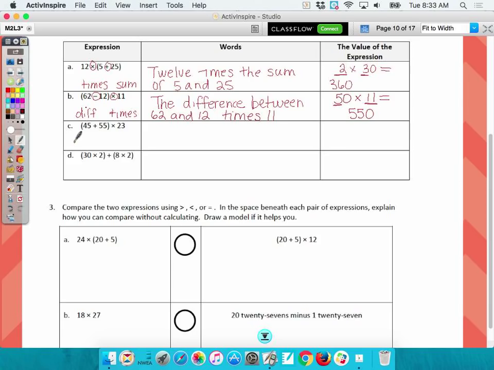What two words do we have? Sum and times. Okay? See if you can figure out what to write on your own. It's going to start with the sum. Just write it.